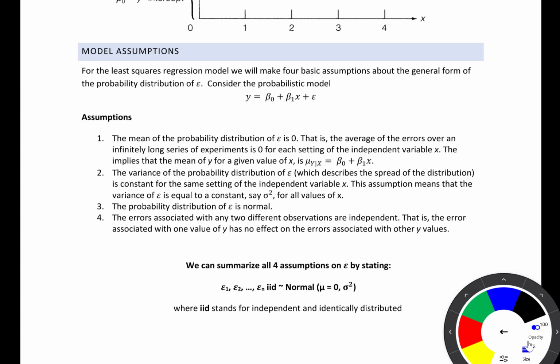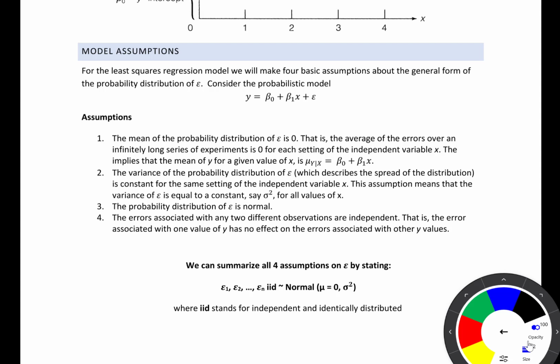One is that the mean of the probability distribution of epsilon is 0. That is, the average of all of the errors over an infinitely long series of experiments is equal to 0. The variance of the probability distribution of epsilon is constant for the same settings of the independent variable x. In other words, for different levels of our independent variable, we should see similar variability in our y.